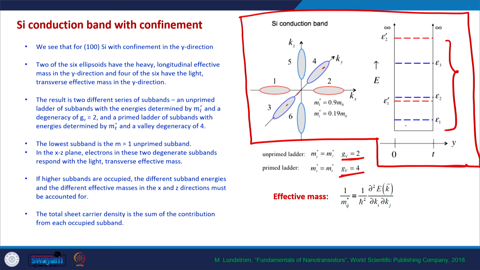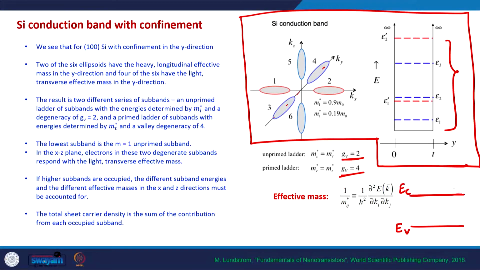In any case, generally in bulk silicon we consider the top of the valence band and the bottom of the conduction band. But in the case of quantum confinement, in the inversion layer, or in an ETSOI MOSFET, in addition to these energy levels, we also need to consider the subbands.